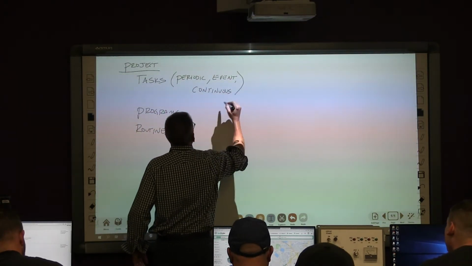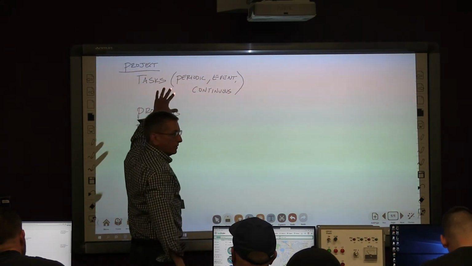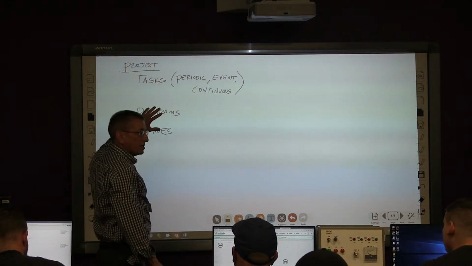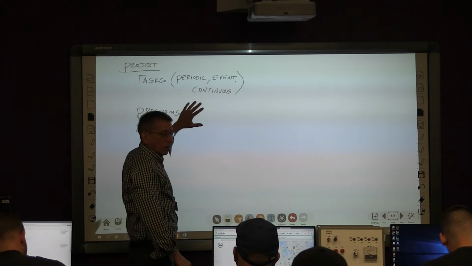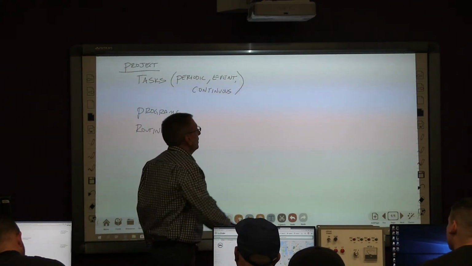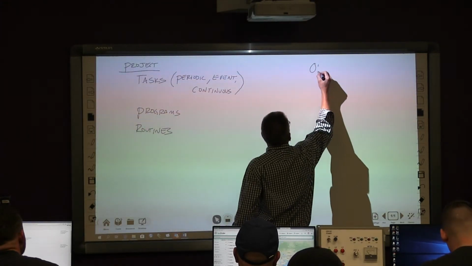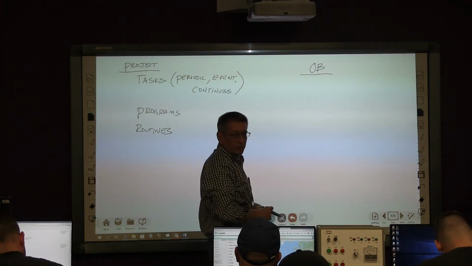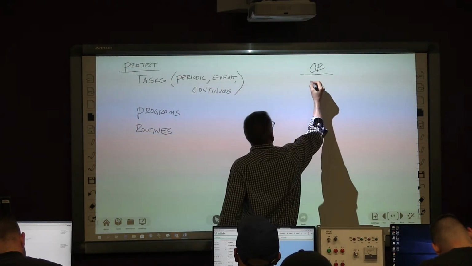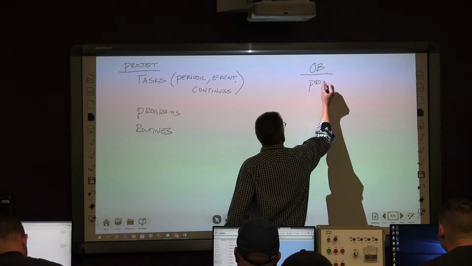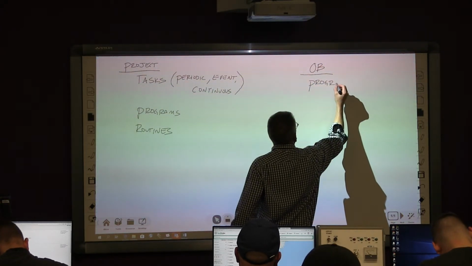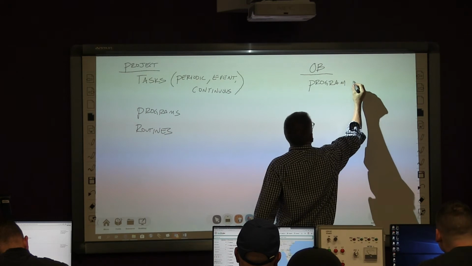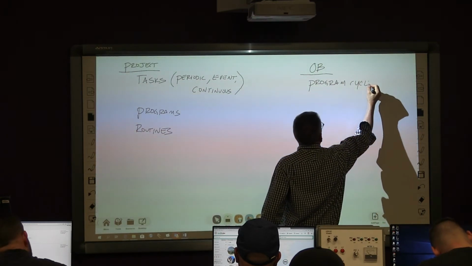The reason I'm reviewing this is because this is very similar to the organizational blocks. The OBs, what are they in the book? One's program cycle. Yep, organizational block. So we have a program cycle OB.